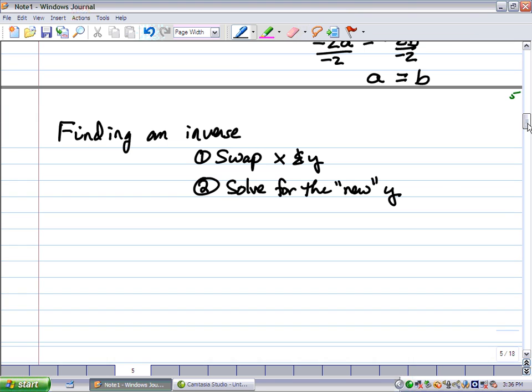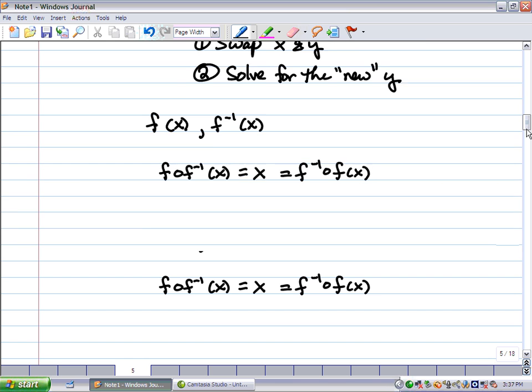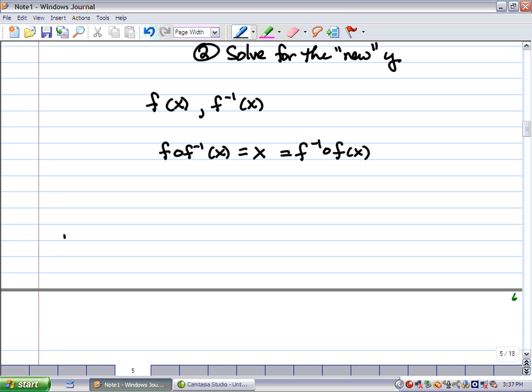And remember also, when you find the inverse, f of x and f inverse, that when you compose them, you get x. So you can actually find them, which is something you'll do in your project. So see the handout for the project.